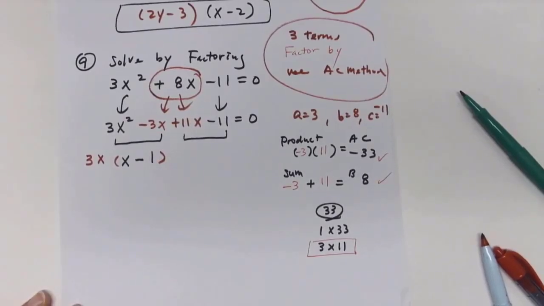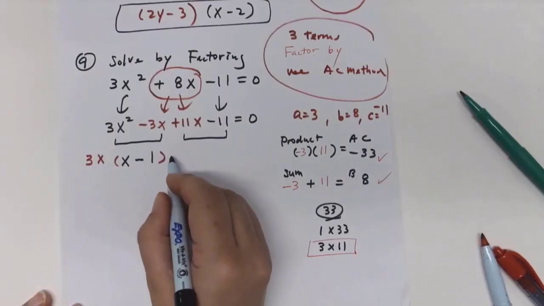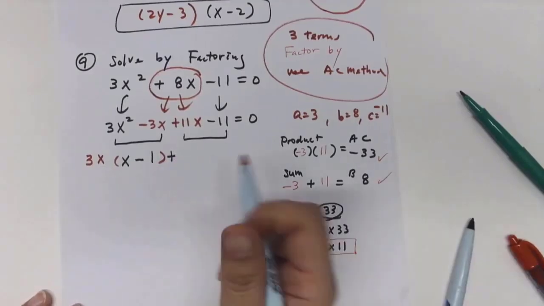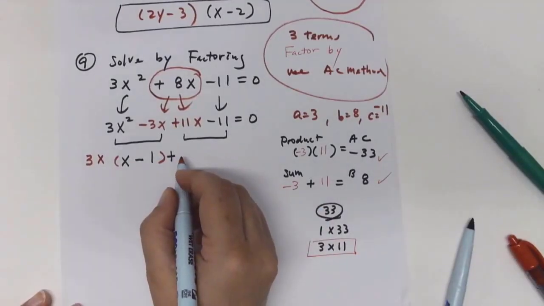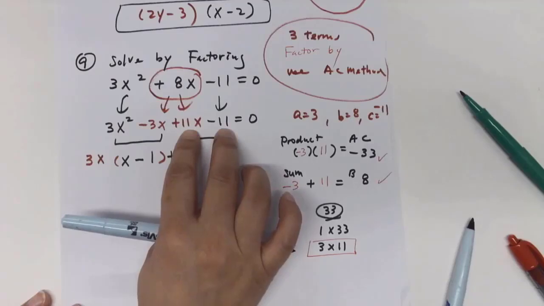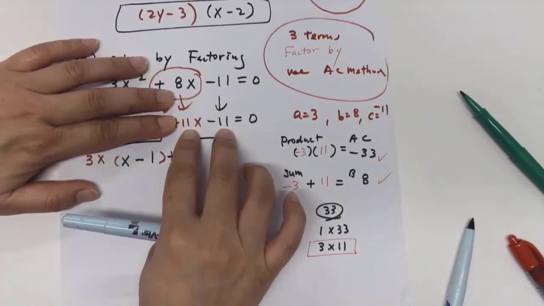Next pair. What is the sign? Don't skip the sign, huh? Addition, okay. And then you can bring out the 1, just 1. 11x. Hold on. Okay, just the number first. 11.